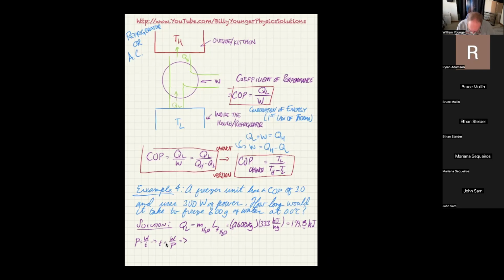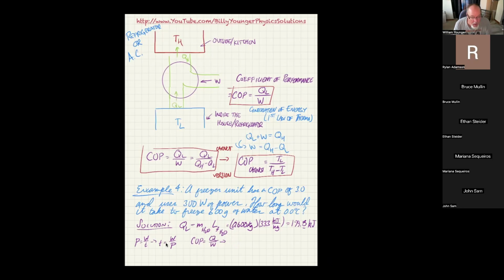That's the actual W. And I know that the COP is QL over W. So the QL that comes out is equal to W times COP. Yeah, that would be for QL, but I don't want QL. I want W. Sorry about that.